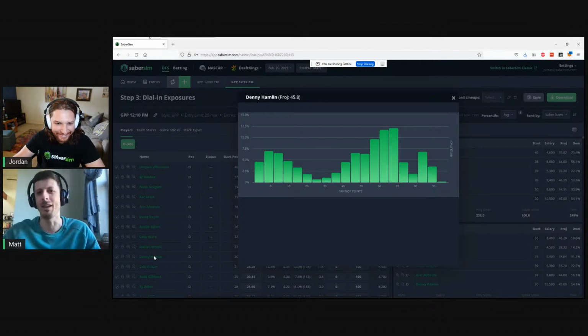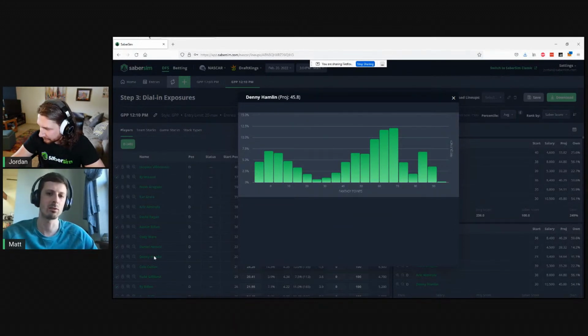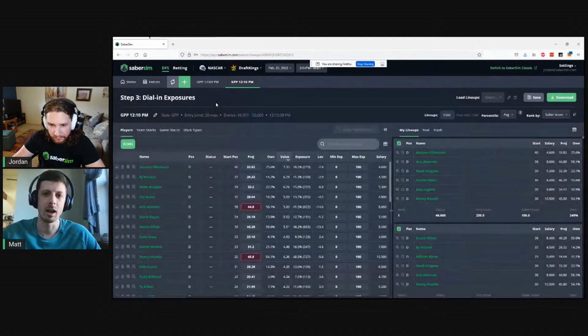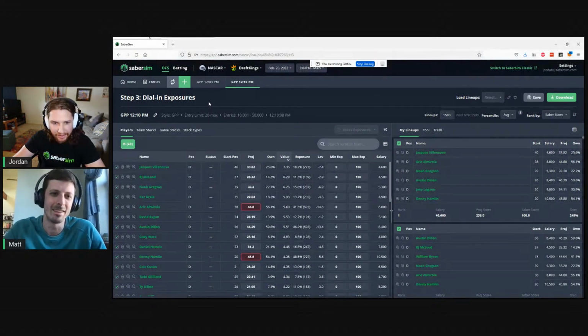Right, no pun intended, but I think it is helpful as a way of thinking about how you should make those adjustments. I'm not sure how you would do that objectively, but if you're just tinkering around with exposures and using your gut, which can be valid, then at the very least it's interesting. And you've got a lot of time with NASCAR to build lineups.